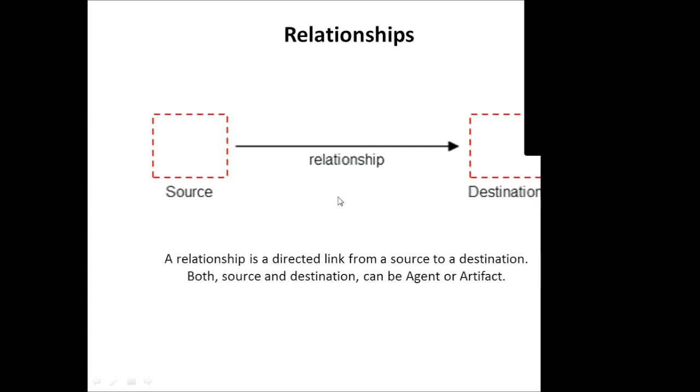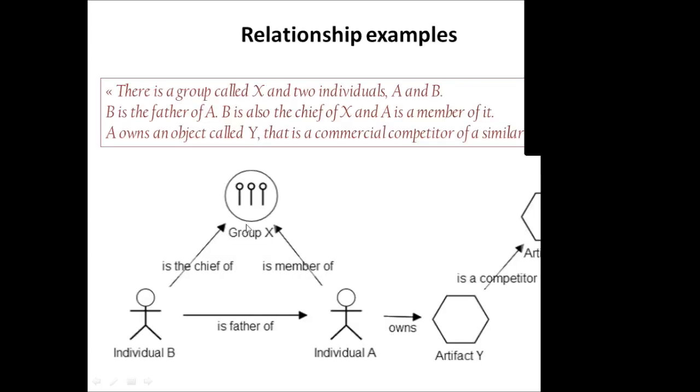So with this kind of symbols, we can start to draw a first diagram, and the diagram can help to describe in this language a simple phrase, that is the one that we have on the top. There is a group called X and two individuals A and B. B is the father of A, B is also the chief of X, and A is a member of it.